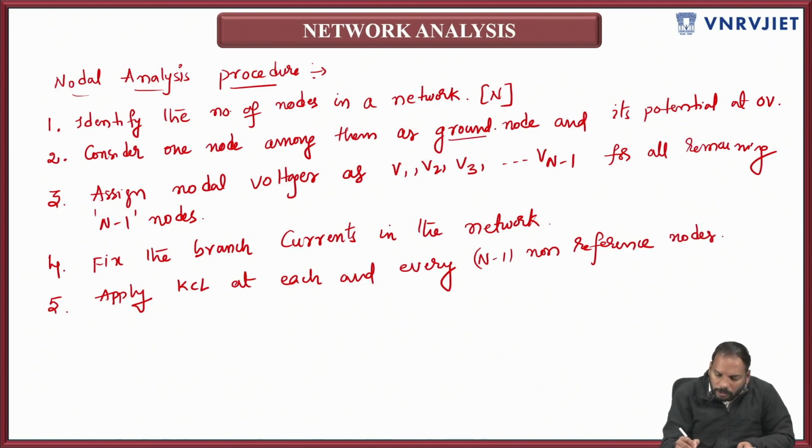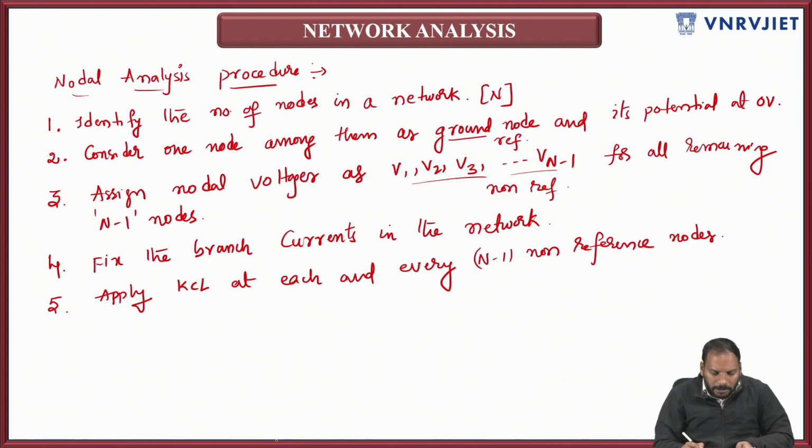Usually this ground node we call it as the reference node. In the same way, all the remaining V1, V2, V3 and so on Vn we call as what? Non-reference nodes. So you will try to apply KCL at each and every non-reference node.